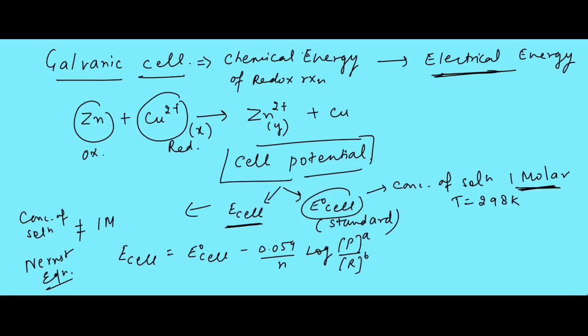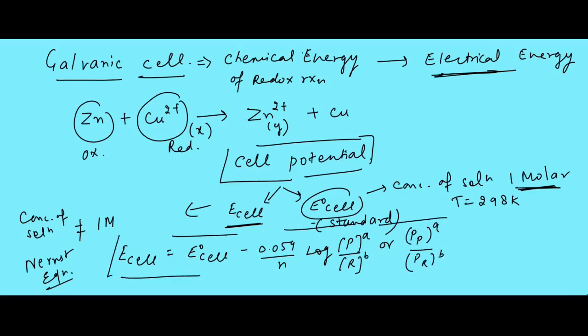These powers a and b are actually the coefficients of the concentration terms in the reaction. Or in case the concentrations are not involved in the reaction, rather gases are involved and the pressure is given, then you will use the pressure of the product and the pressure of the reactant. So this is the Nernst equation.